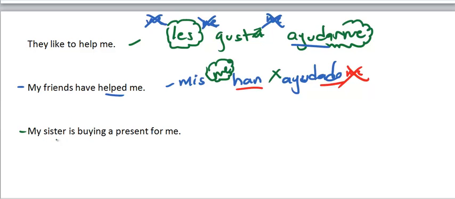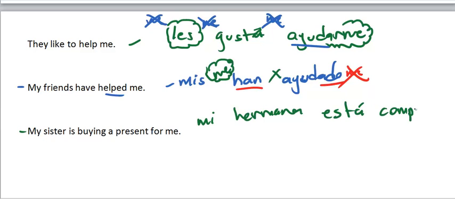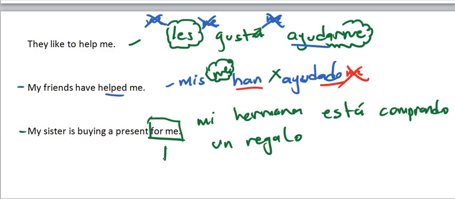And the last example. My sister is buying a present for me. Mi hermana está comprando un regalo. And we have for me. Then now we know that for me is me, right? But where do we put the me? So we have two verbs in this sentence.